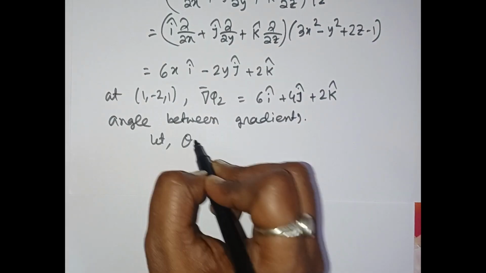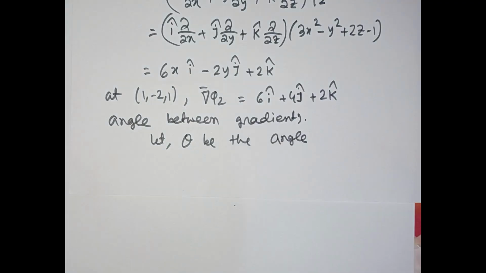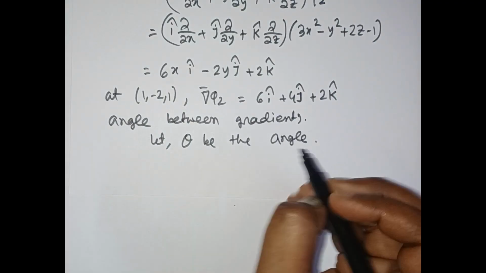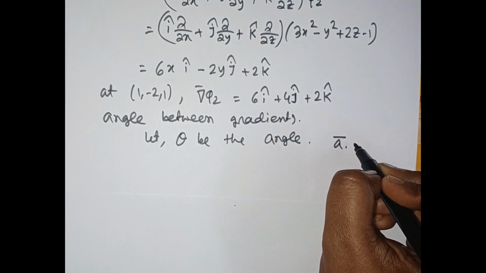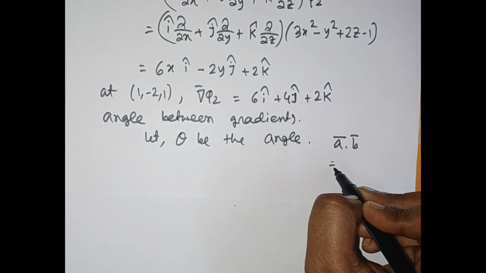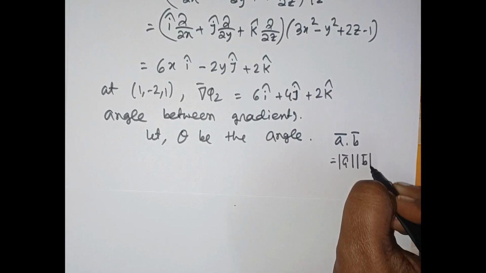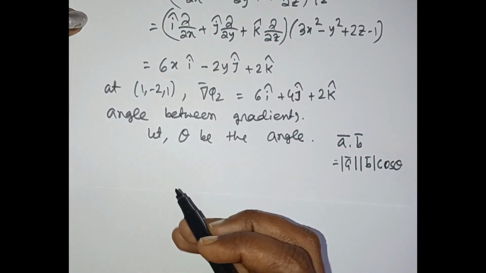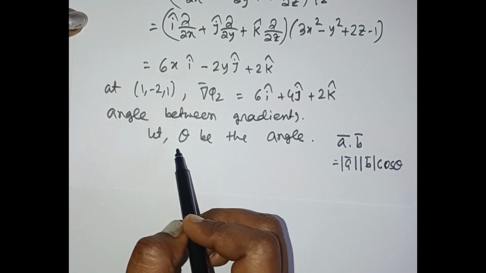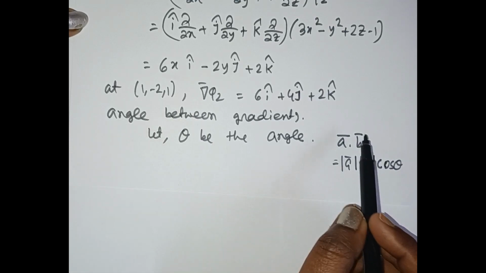Let theta be the angle. Then we know that A dot B equals mod A mod B cos theta. Similarly, for the angle between grad phi 1 and grad phi 2, we use this formula.